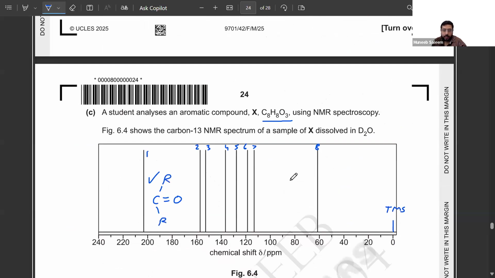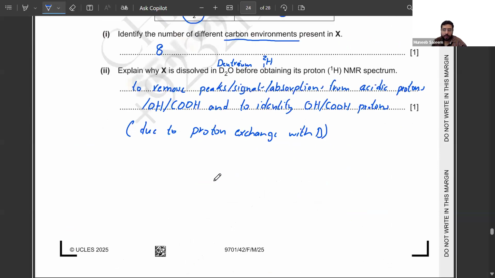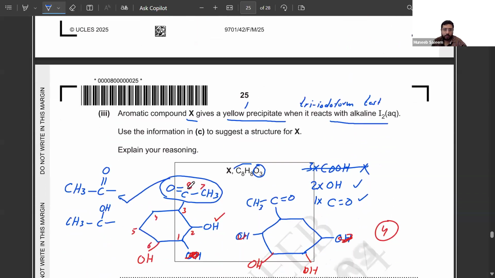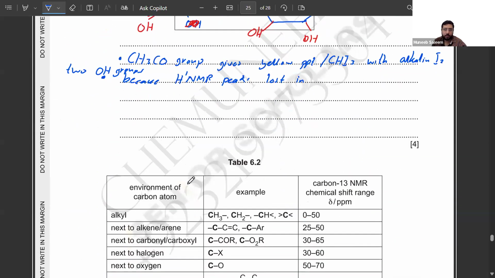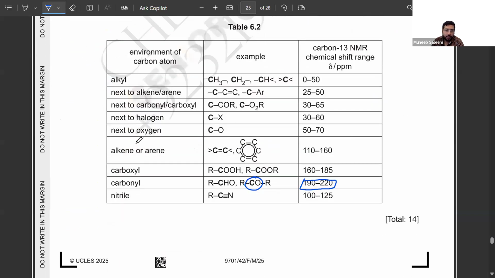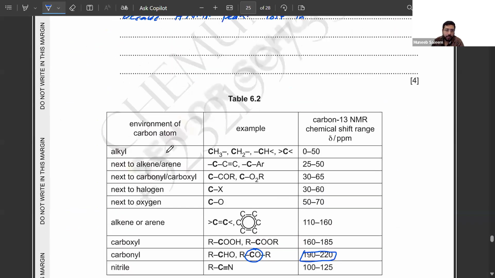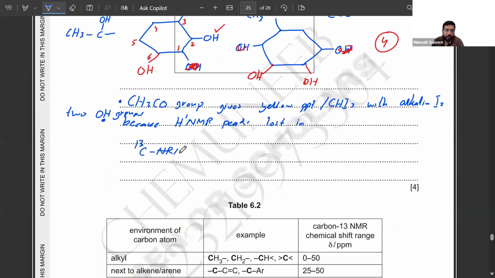And so we'll write over here. How are we confirming that we have the ketone group? Because carbon 13 NMR signal with chemical shift value of around 205.